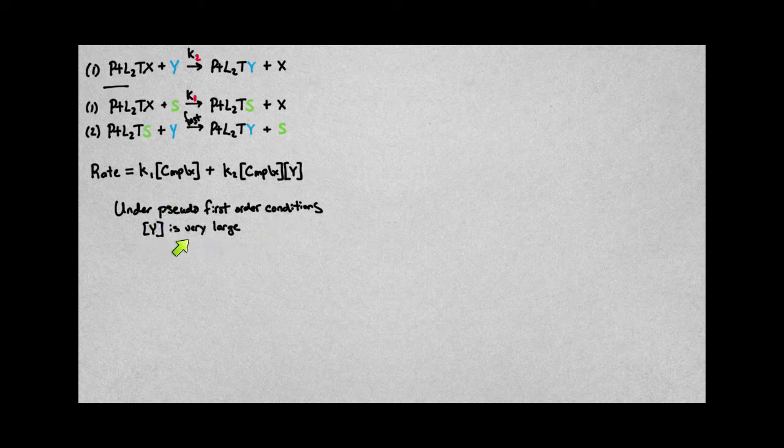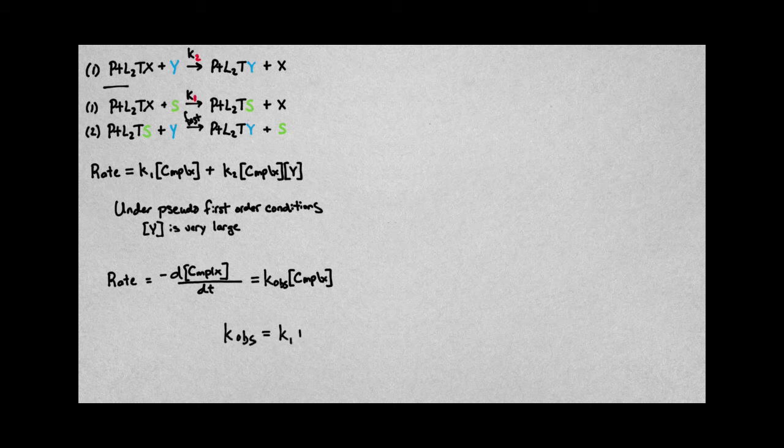And so under these types of conditions, your rate equation simplifies to a K observed times the concentration of the complex. In other words, our concentration of Y is so large that it becomes subsumed into our rate constant K.